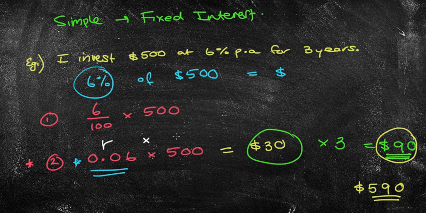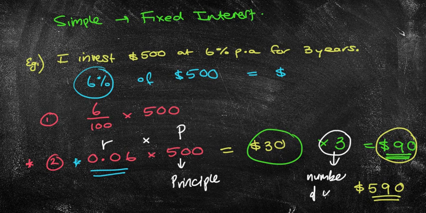Often we call this the principal amount, so we're going to call that P. And then this times 3, that's the number of years. In that case, we did it for 3 years, and we like to call that N. And the amount that we've got at the end of it is how much interest we've got. So if I rewrite that a little bit nicer, we can call that I equals PRN.